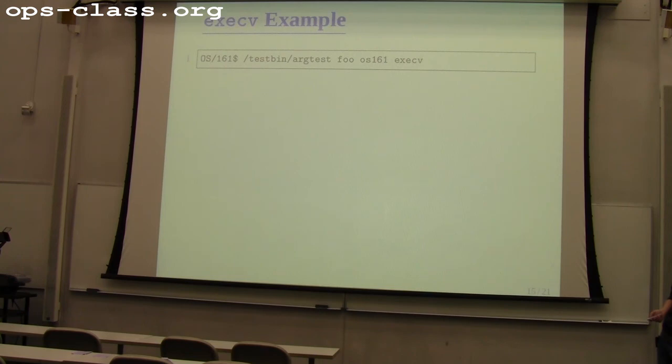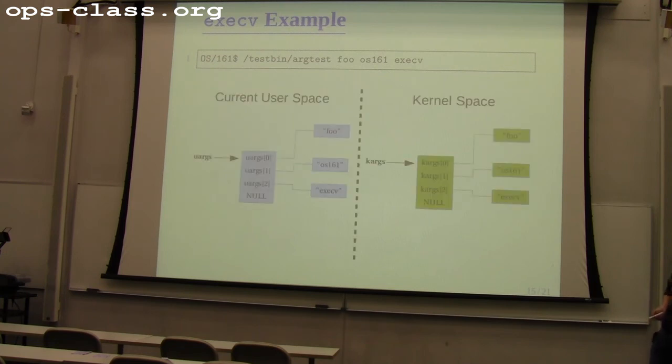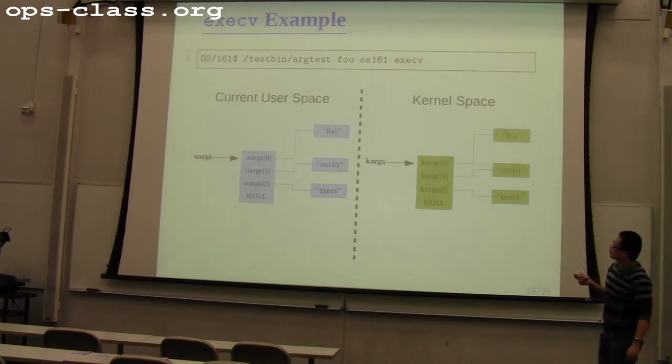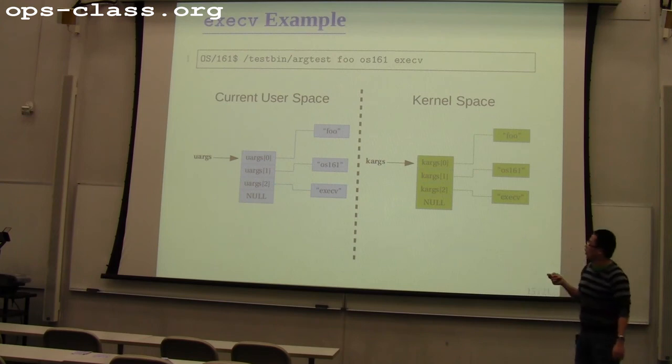For example, if you run this in the OS/161 shell, you run testbin/argtest and provide 3 arguments for OS/161 exec. What's inside the user space is like this. The user passes in an argv array to you in the exec syscall.